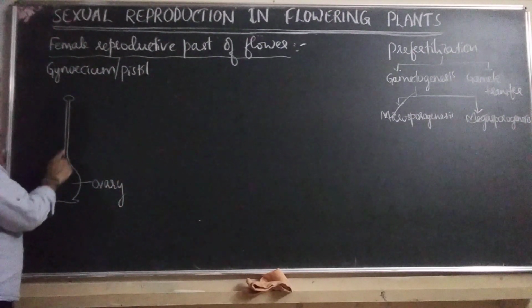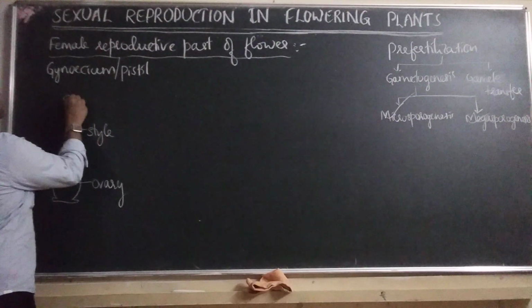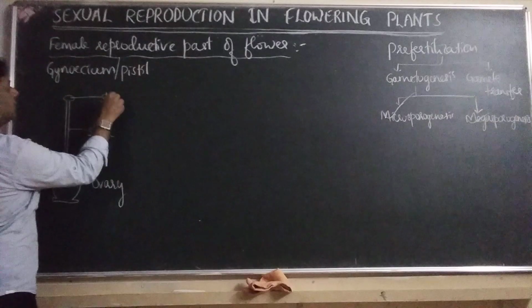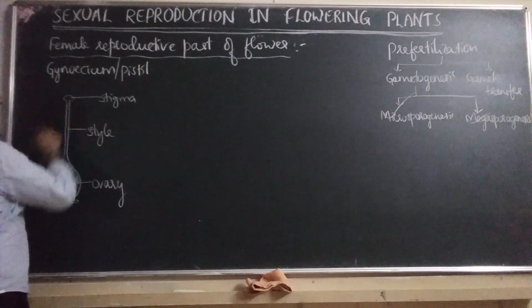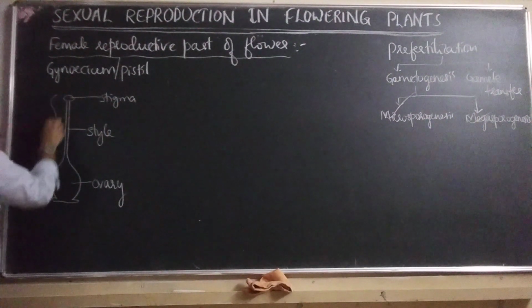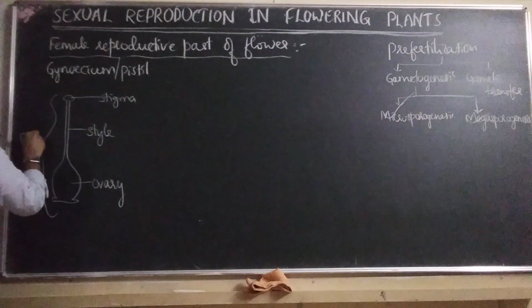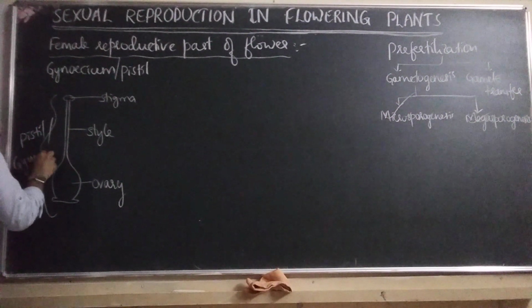Then the long slender structure is called the style. And on the top, the knob-like structure is called the stigma. Together, this entire part, ovary, style and stigma, we call pistil or gynaecium, the female reproductive part of the flower.